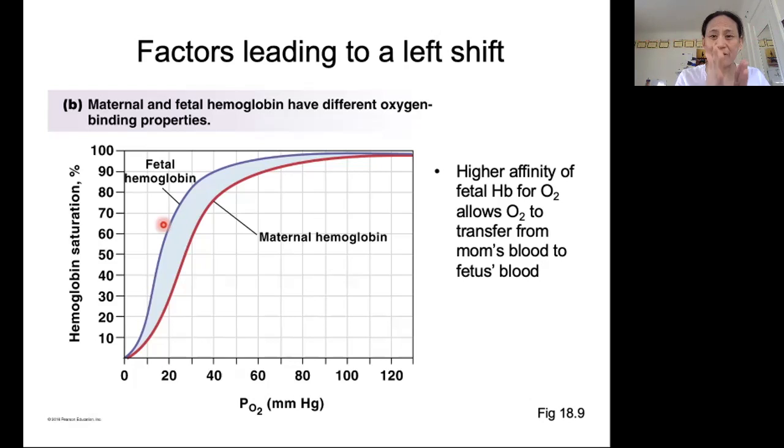It's like an extension of her body. And then you have a side of the placenta that is an extension of the fetus's body. Each of them has their own blood supply. So what's going to happen is that the oxygen on the maternal side is going to diffuse through these membranes over to this side where the fetus is. Okay.